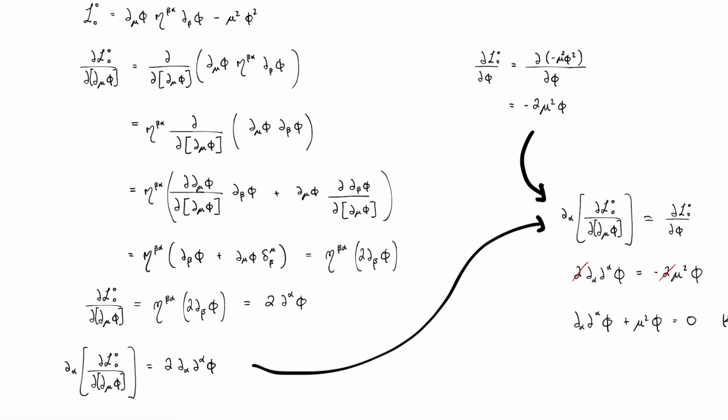Okay, so let's start off with this right here. This guy right here explicitly is supposed to equal this guy. That's what the Euler-Lagrange equations tell us, that the derivative of the Lagrangian with respect to the change in the variable is equal to the negative of this guy, right?